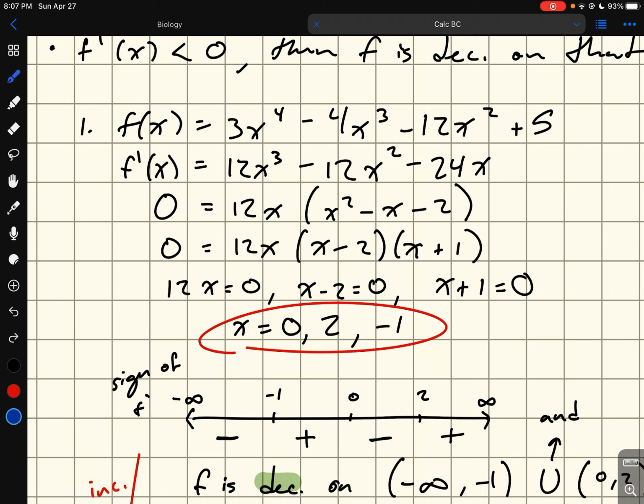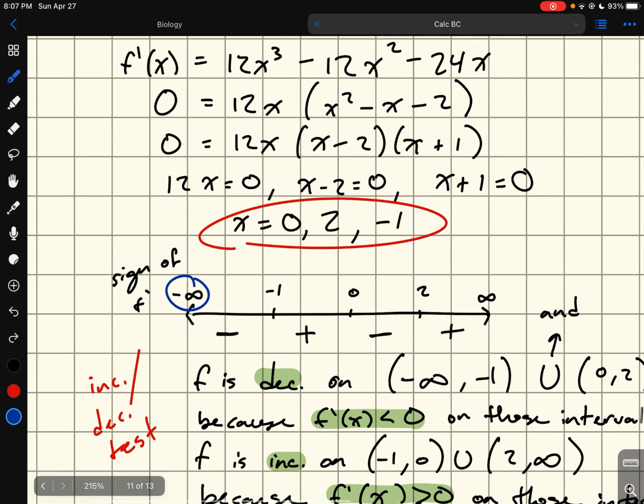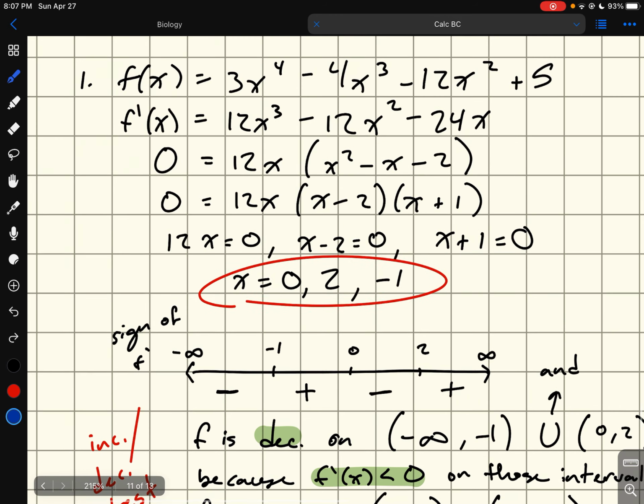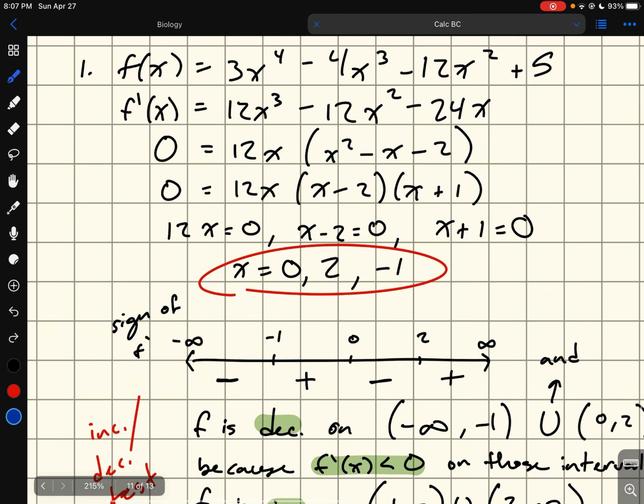So that's a polynomial, and polynomials' domain is all real numbers. So they're continuous everywhere. So that's why this interval goes from negative infinity to infinity. And then we just plot our critical numbers on the number line.